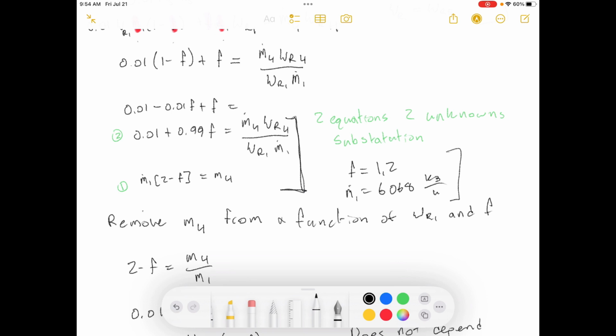But if you change that value from 0.5% to 5% instead, then it becomes real. So then F in this case equals 0.254, and M1 equals 2778 kilograms per hour.